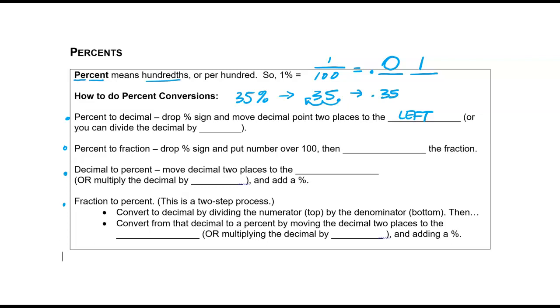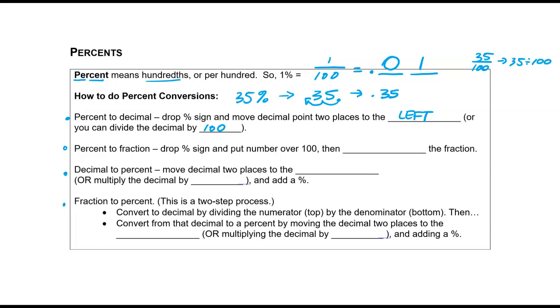And then if you like an alternate way to do this, and this way is nice because this actually shows us why we're moving the decimal place to the left. Another way to think of this is you can divide this number by 100. So you can drop the percentage sign and get 35, and then take 35 divided by 100. Or we could write it as a fraction, or like this.